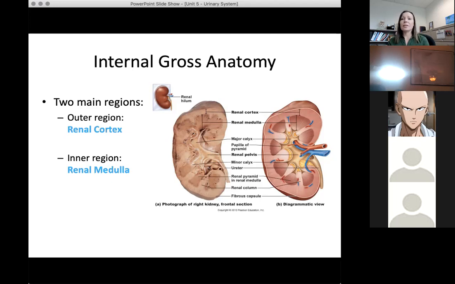Okay, and then there are two sets of channels that lead off of each pyramid. The first one is called a minor calyx. The second is called a major calyx. So a minor calyx is a channel leading off of each pyramid.